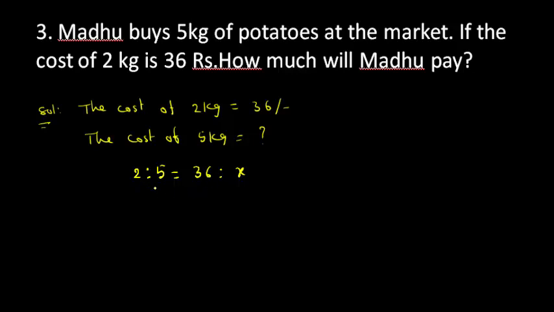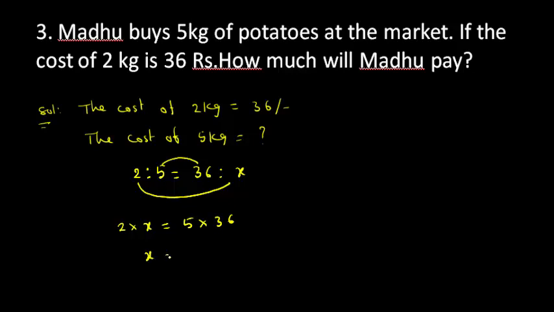These are equal, so these ratios are in the proportion. By the proportion, the product of extremes equal to the product of means. So 2 into x equal to 5 into 36.